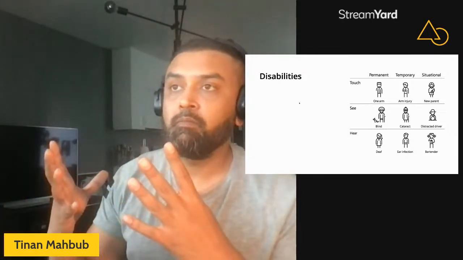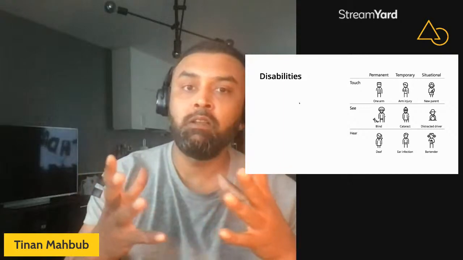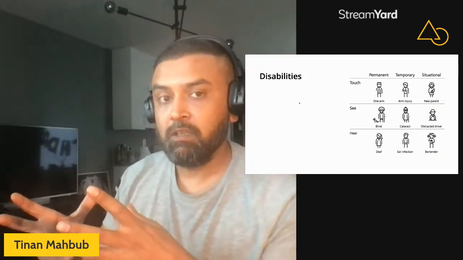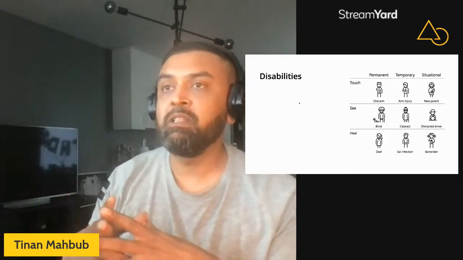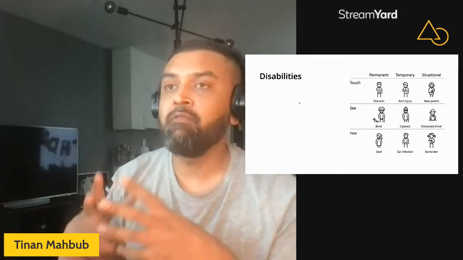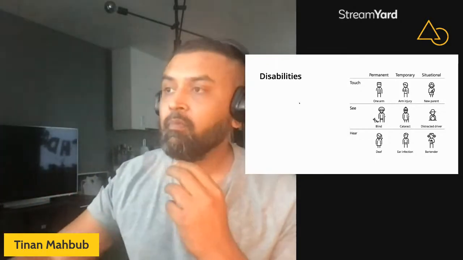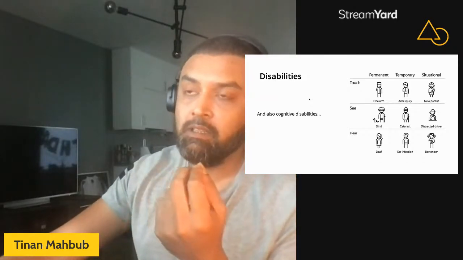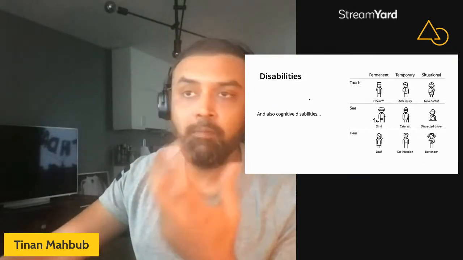We are solving problems even for people without any permanent disabilities, because temporary and situational disabilities, everybody has them, everybody will have them. And then there are also cognitive disabilities like short memory, memory loss, and stuff like that.